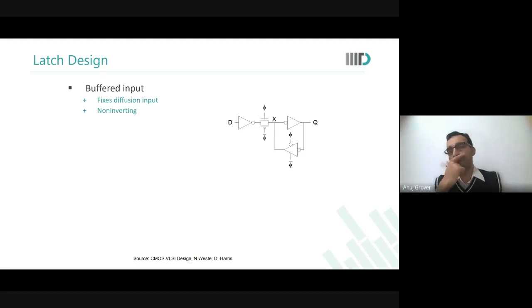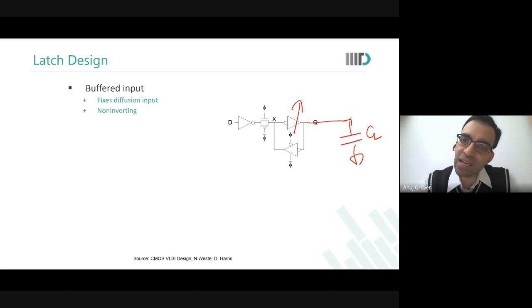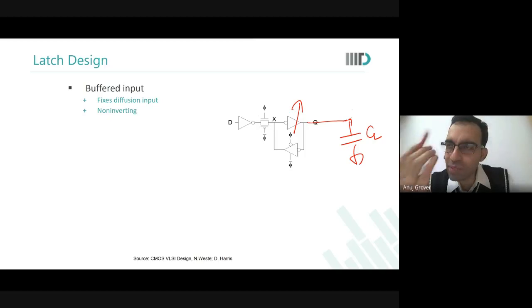So now imagine that I have to put a very big load over here. If I have to put a very big load, I have to size this transistor up. Now, if I size this transistor up, just to keep this latch okay, I have to size this up also. Otherwise, the feedback will have no role left.